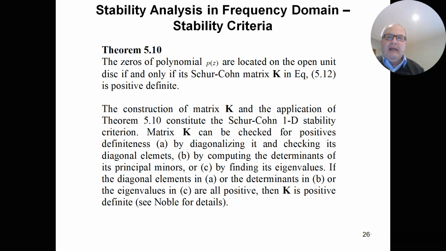Matrix K can be checked for positive definiteness by diagonalizing it and checking its diagonal elements, by computing the determinants of its principal minors, or by finding its eigenvalues. If the diagonal elements in A or the determinants in B or the eigenvalues in C are all positive, then K is positive definite.